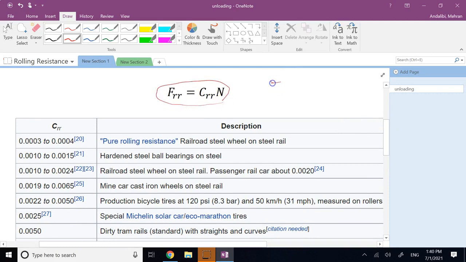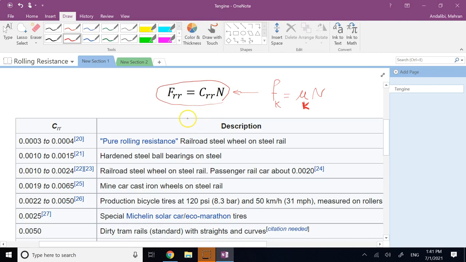Remember, in the Coulomb friction, we had F to be a constant like mu times N, like Fk was mu_k times N. So they said the kinetic friction is proportional to the normal force N times a constant, which depends on the surfaces and some other conditions like temperature, humidity, and surface roughness. So they experimentally came up with something like this, F_RR equals C_RR times N. So they say that the rolling resistance is also proportional to the normal force.